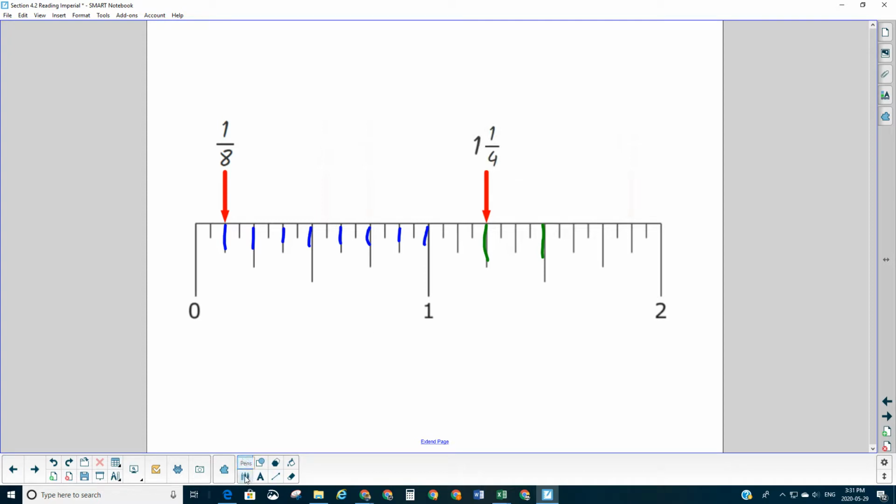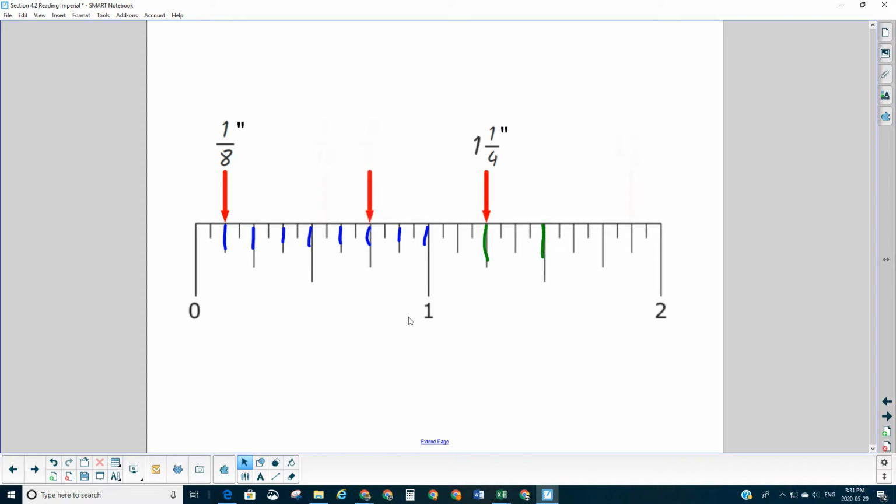I should add those little ticks again. Let's just put the 1/8 inch in there and do the same thing for this, 1 1/4 inch. Okay, let's look at some more.